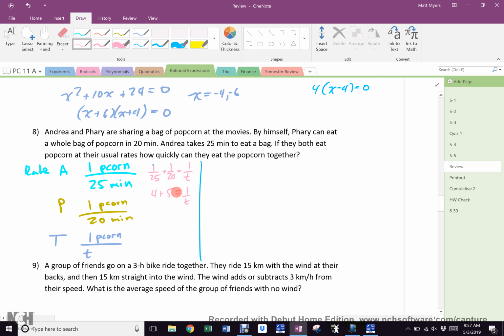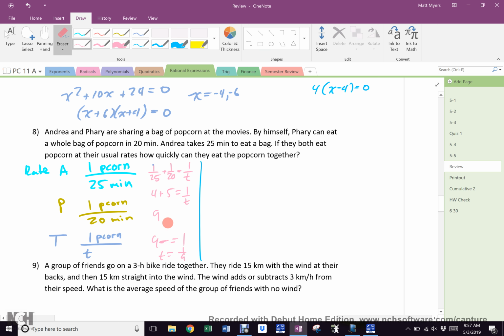So what is it? 9 equals what? 1 over t. So 9t equals 1. That's what it is. So t equals what? 1/9? They're going to eat the whole bag of popcorn in 0.111 of a minute?